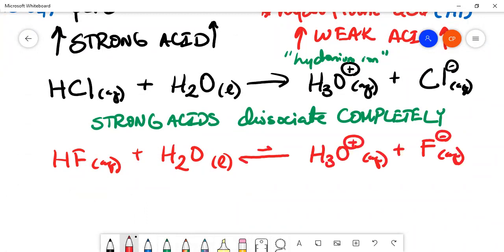It turns out that uniquely among all of the acids that are based off of halogens, hydrofluoric acid, the hydrogen fluoride molecule dissolved in water, doesn't want to break apart as readily as the hydrogen chloride molecule. In fact, it really doesn't prefer to break apart at all.